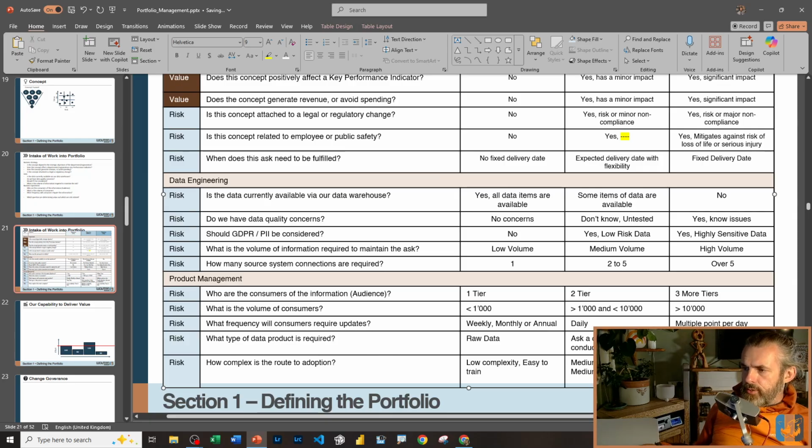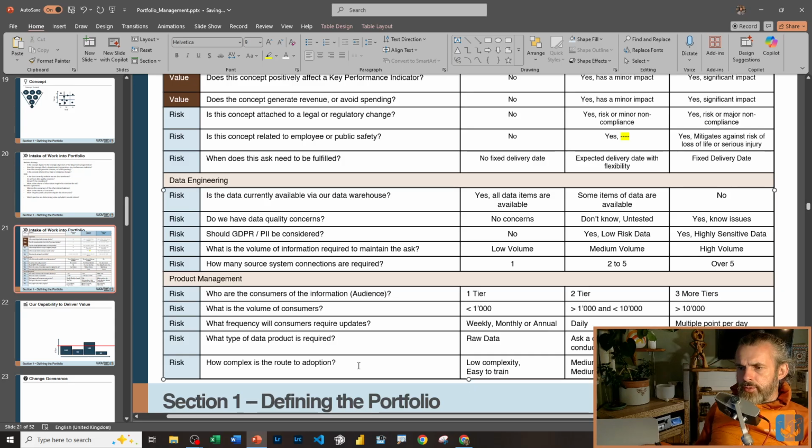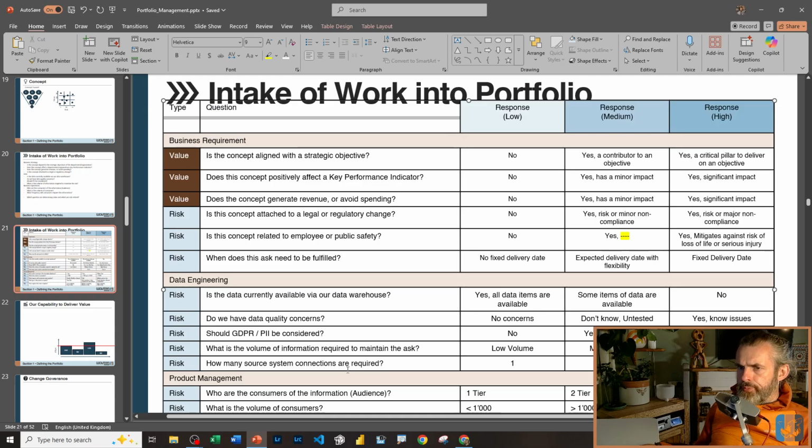High complexity, hard to train. So yeah, low complexity, medium complexity, hard complexity. This is so important. If we get this wrong, no one's going to use the report or the product or whatever it is we're building.